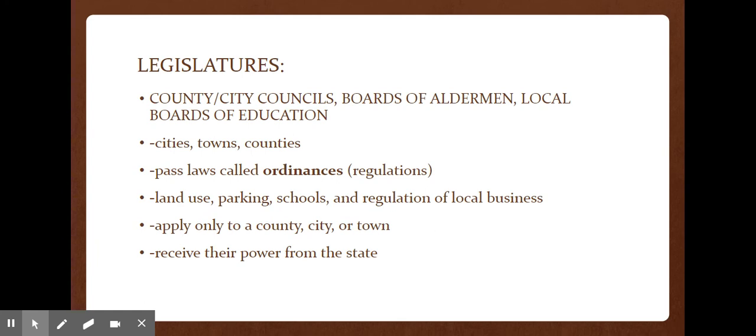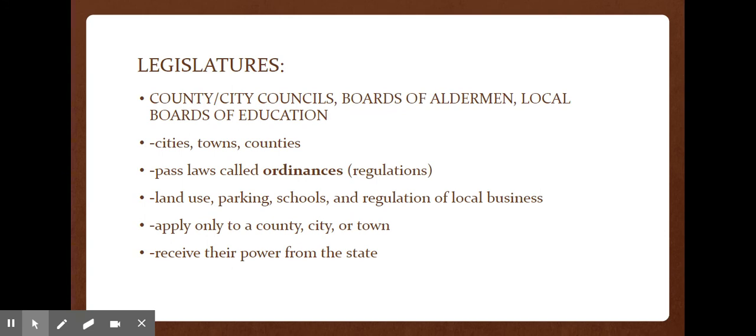They apply only within the confines of their county, city, and town. For example, and we saw this recently, this is a great example with all that's been going on with COVID and coronavirus. Our education policies were different than some school systems around us, okay, and some school systems within the state.